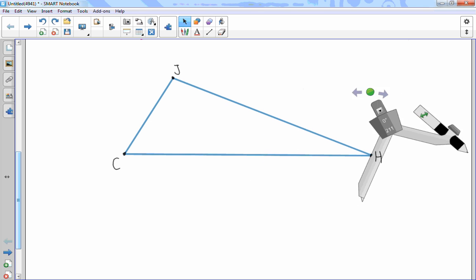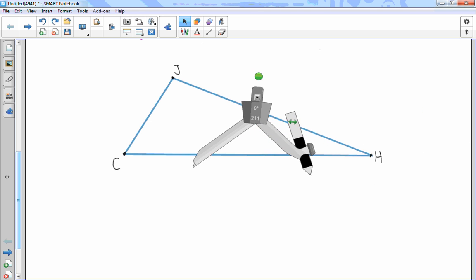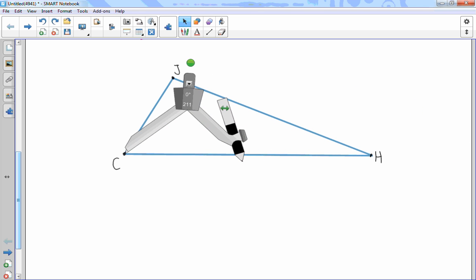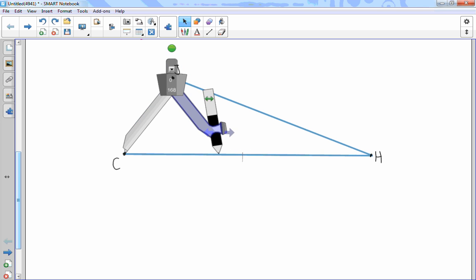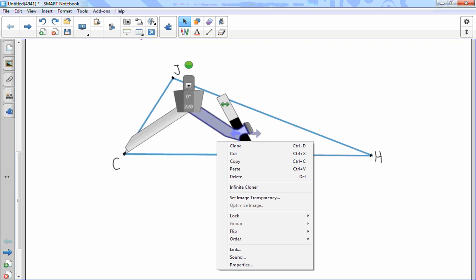Okay, I'm going to start like we did before, on the left side. Put your sharp point there on C. Make sure it's right on C. Make sure you move this out more than halfway.